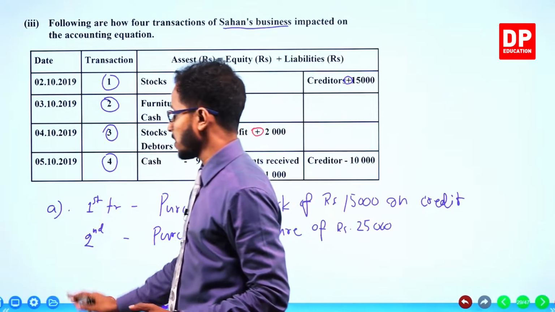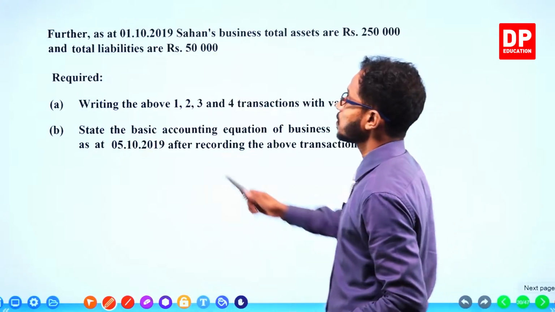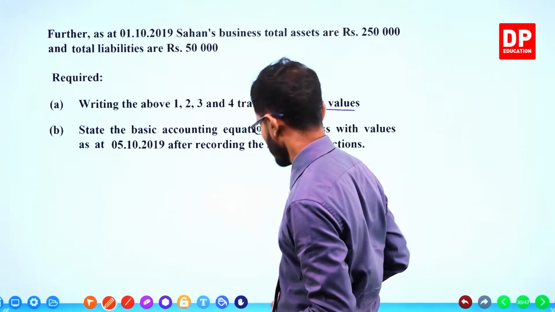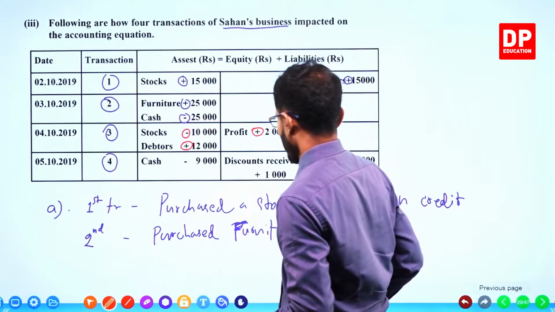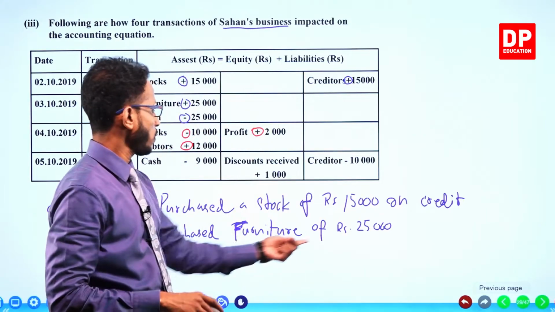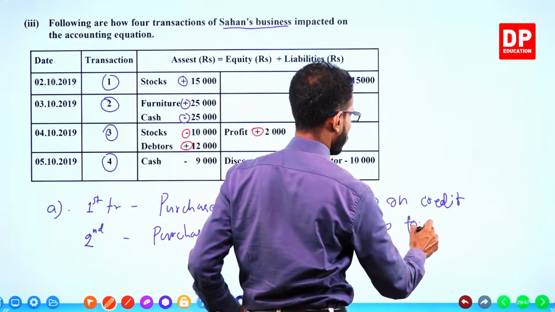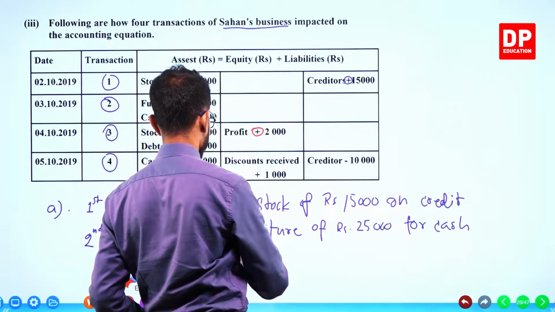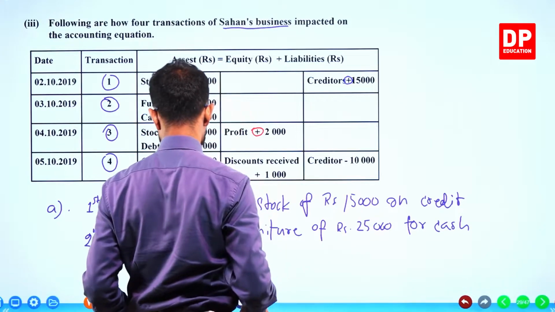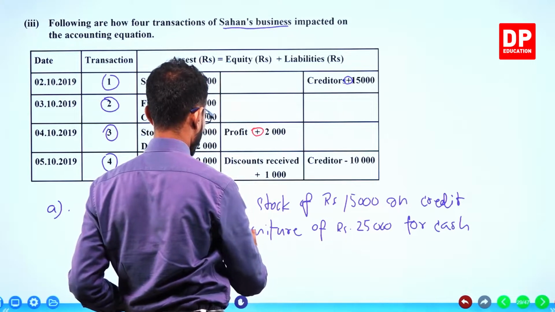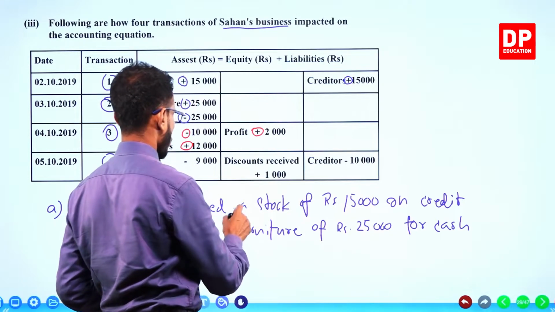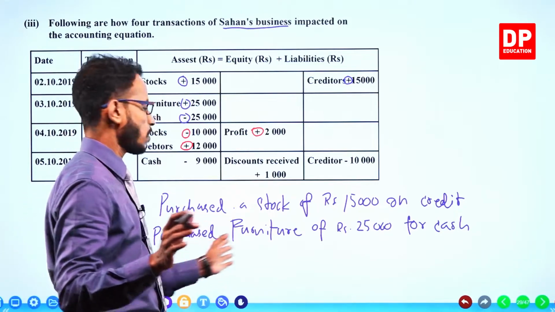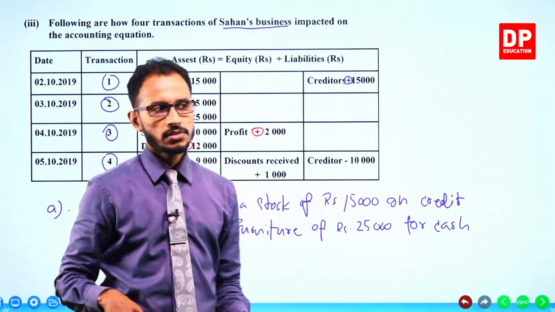They have specifically asked to write the transactions with values. See, you have to write the values. Purchased furniture worth rupees 25,000 for cash. Okay. Yeah, done.